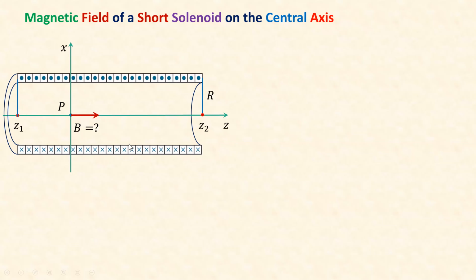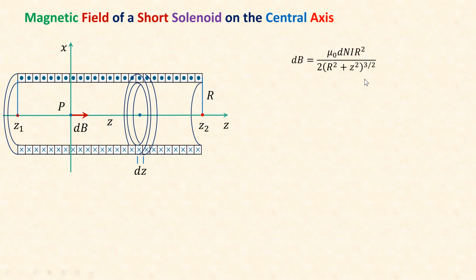So we need to integrate. At this point z, we take a piece of the solenoid that has a length dz. And this one is like a loop of current, and that creates a magnetic field here. We know how to calculate the magnetic field. It calculates the magnetic field dB, and dB comes from this equation.